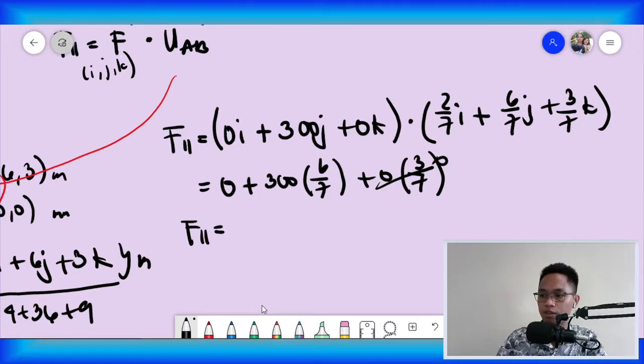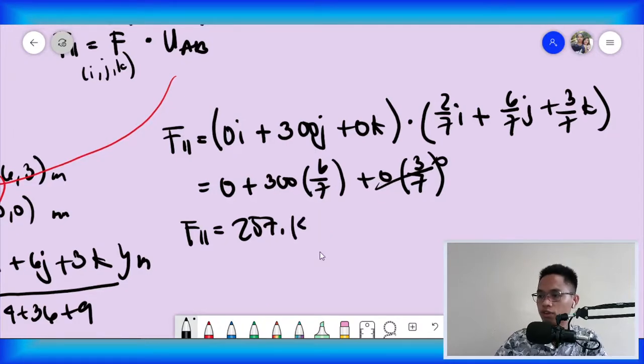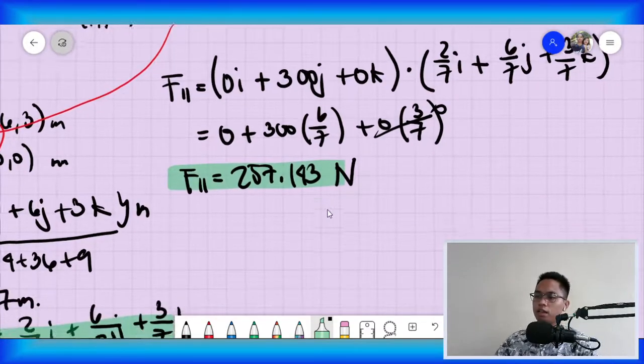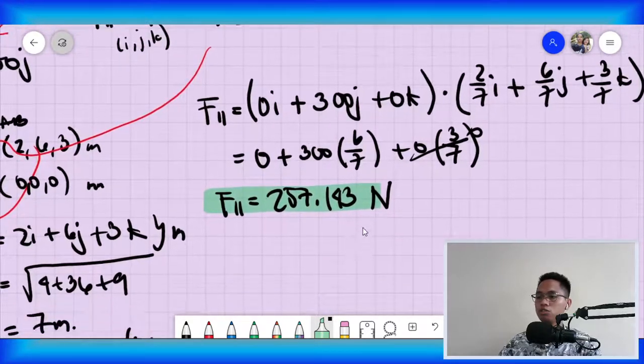This would be 257.143 Newton. Alright, so this is our F parallel. Now, that is the magnitude.